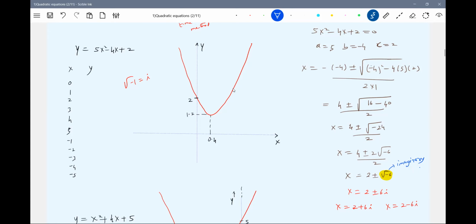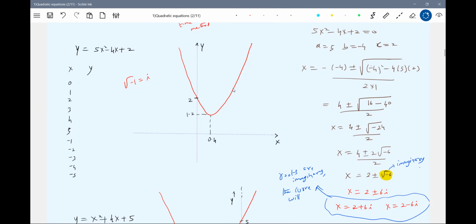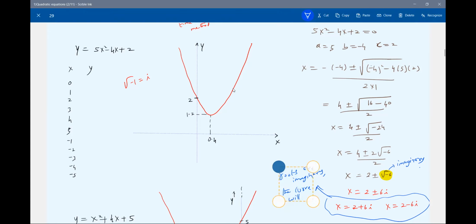What do you mean by the imaginary? We say that roots are imaginary, so the curve will not intersect. What is the conclusion? I'll shift it above a little bit.